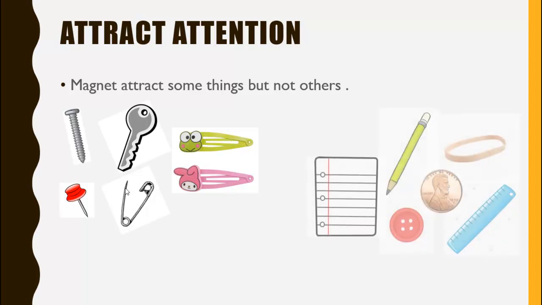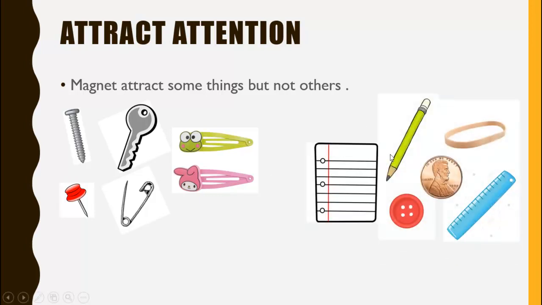But things like paper, pencil, button, ruler, rubber band, or penny coin, all of these things will not be attracted to the magnet. So magnet attracts some things that are made up of only iron and steel.